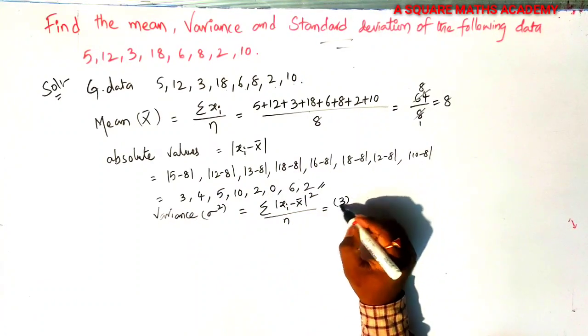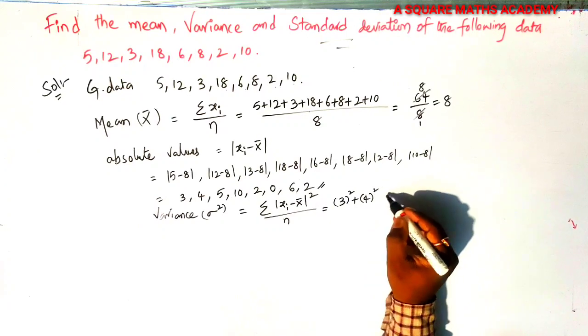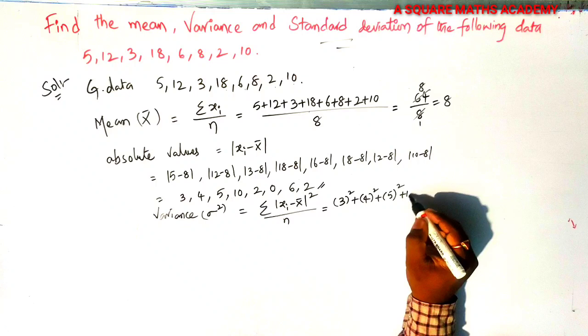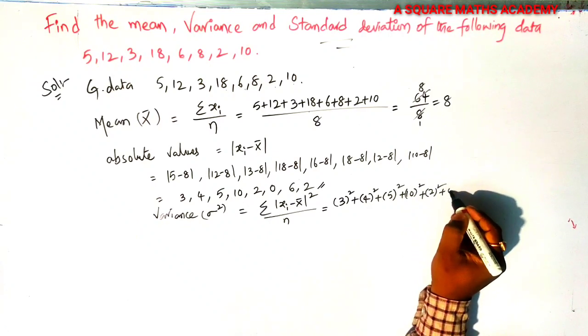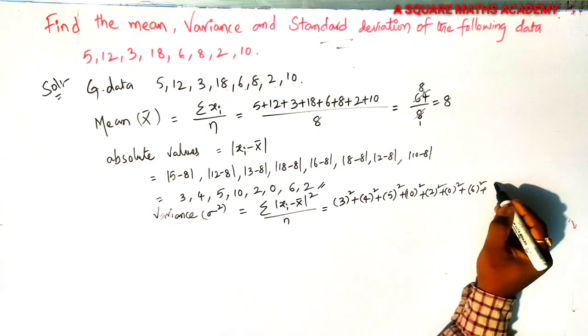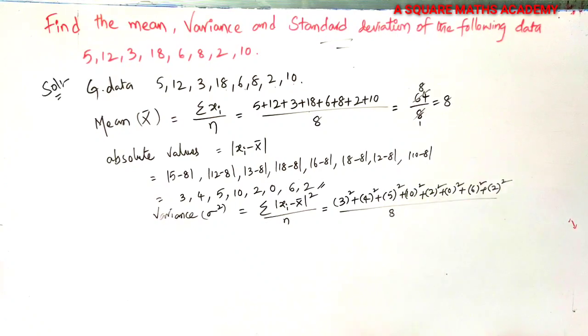So like this here, 3 square plus 4 square plus 5 square plus 10 square plus 2 square plus 0 square plus 6 square plus 2 square, divide by, again we write here 8.